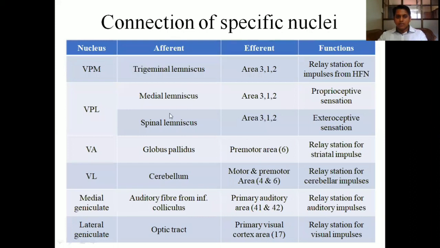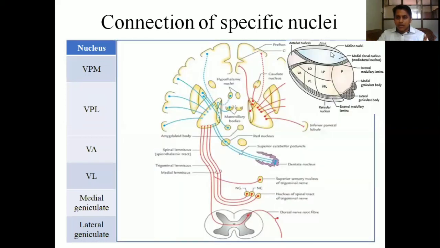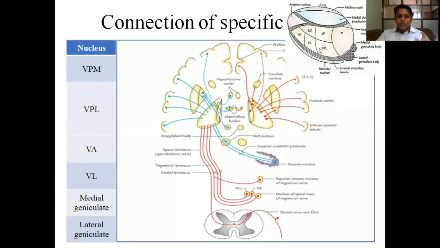So meanwhile, I am revising again. We have covered all the specific nuclei. I said they are specific because they relay along the ascending path to a specific area in the cerebral cortex. We have covered the ventroposterior medial and ventroposterior lateral nuclei, which are located along this region.